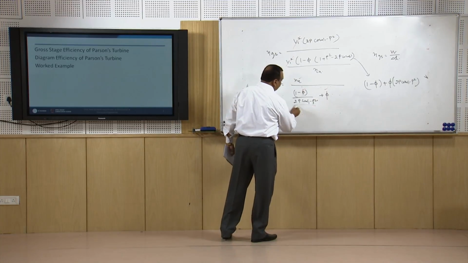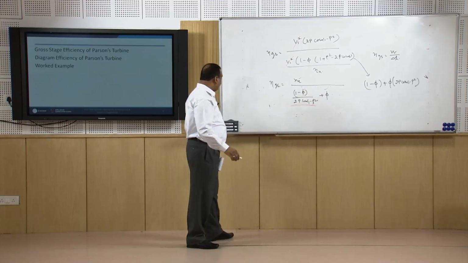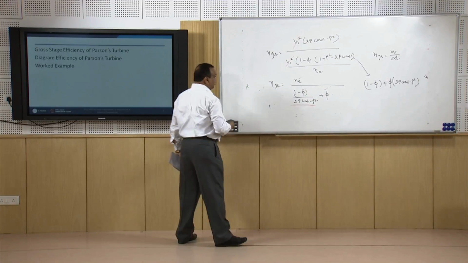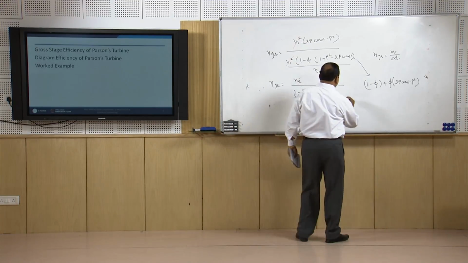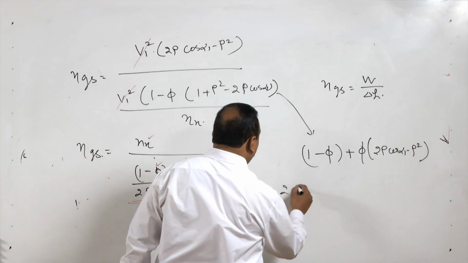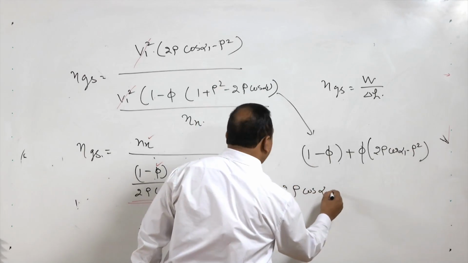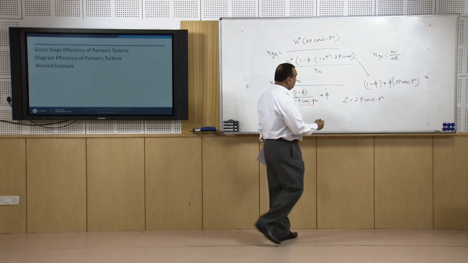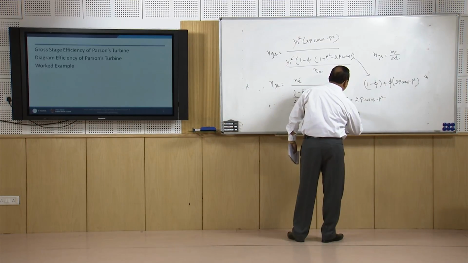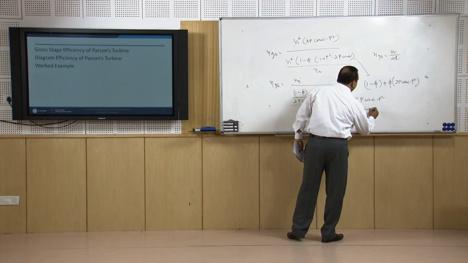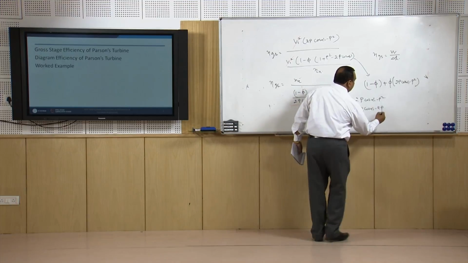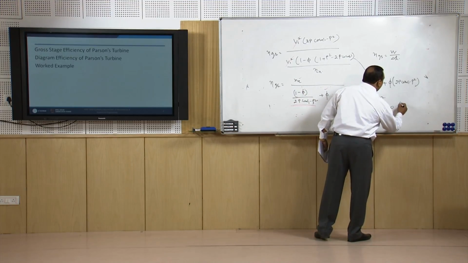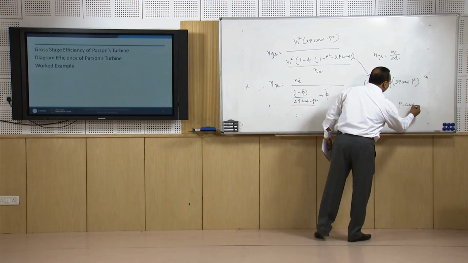So Z is equal to 2 rho cos alpha 1 minus rho square has to be maximized with respect to rho. So dZ by d rho is equal to 2 cos alpha 1 minus 2 rho is equal to 0, or rho is equal to cos alpha 1.